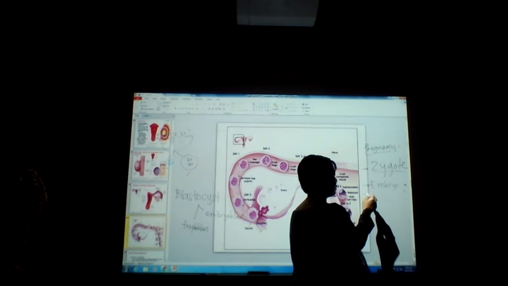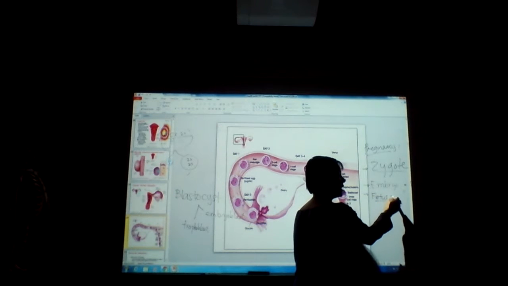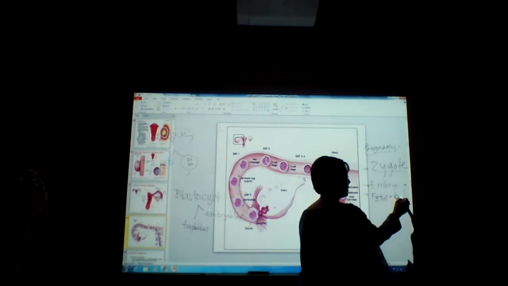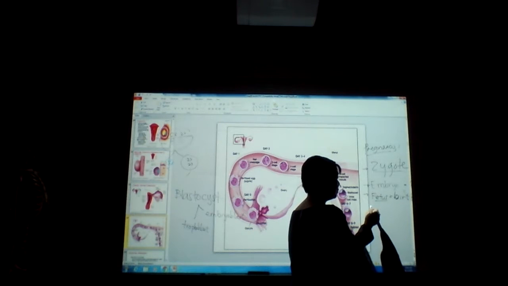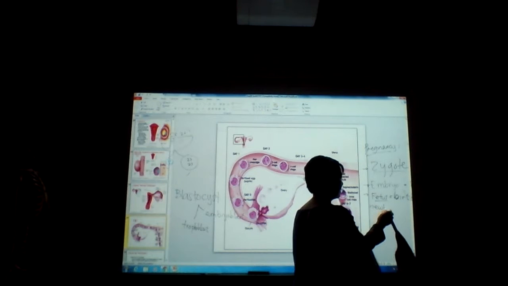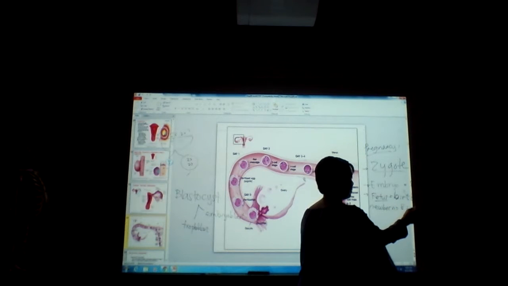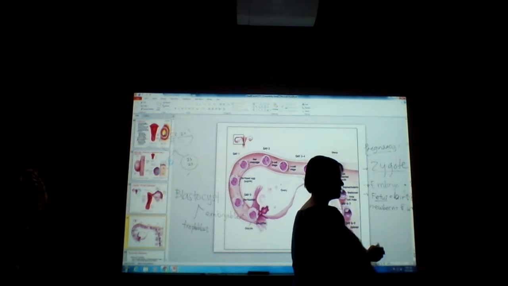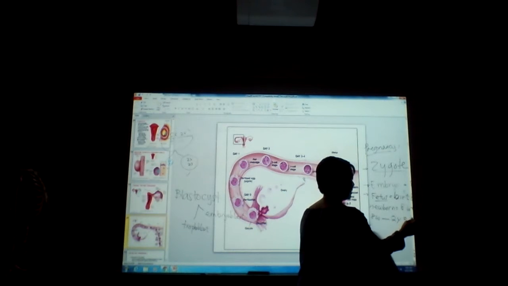After 8 weeks, you're called a fetus until birth. When you're born, you're called a newborn for the first 8 weeks of your life. From 8 weeks up to 2 years old, you are called an infant.